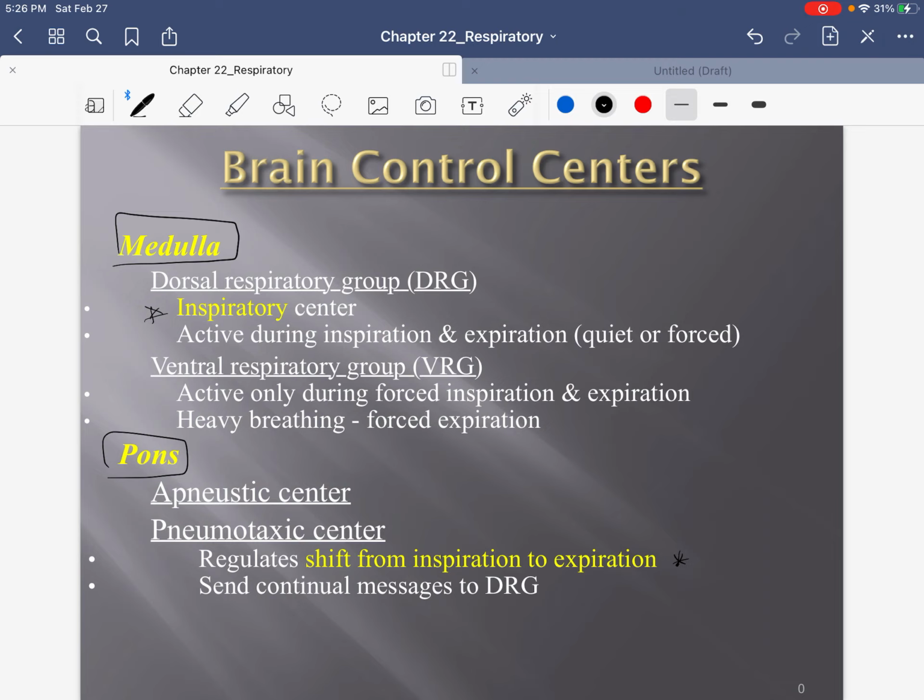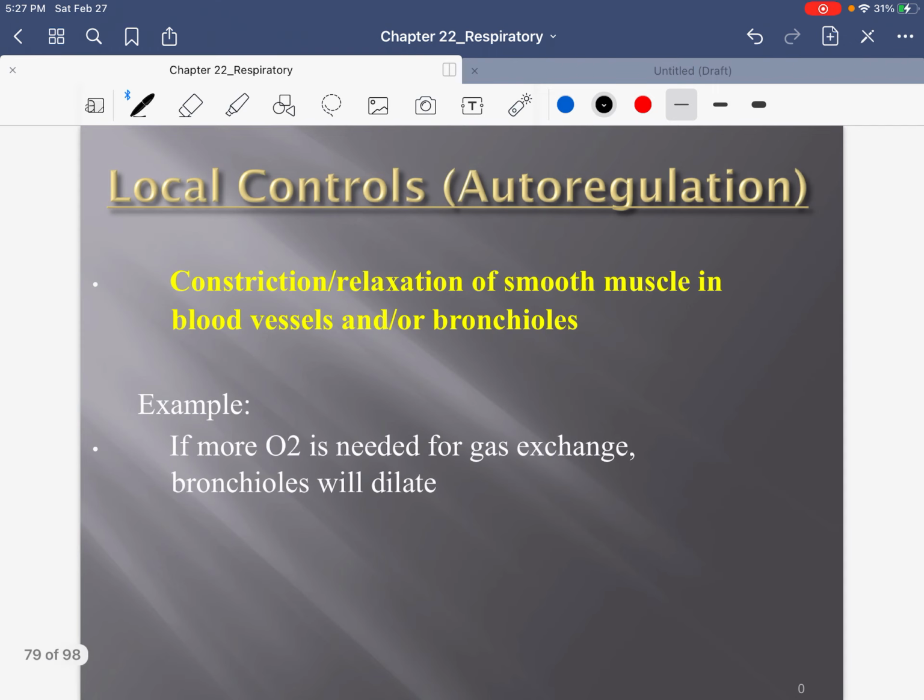They work together, of course, the medulla and the pons. It's much more complicated, but I've just tried to give you a little taste. So one function of the medulla specifically when it comes to regulating the respiratory system is that it really controls our inhalation or inspiration. And one specific function of the pons is that it helps when we shift from one to the other.